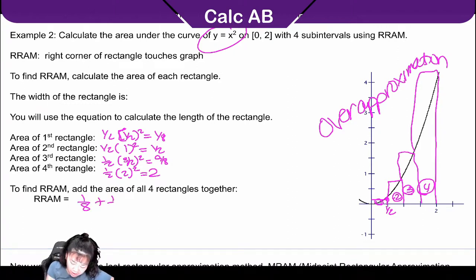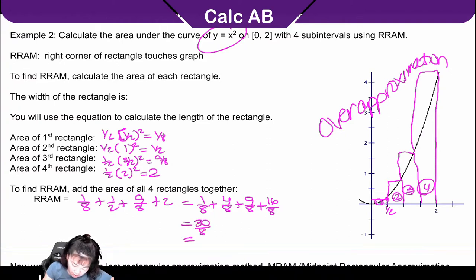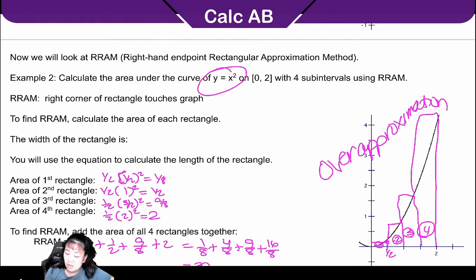So 1/8 plus 1/2 plus 9/8 plus 2 is 1/8 plus 4/8 plus 9/8 plus 16/8. So then I get a total of 30/8, which is the same thing as 15/4. So the exact area under this curve is somewhere between 7/4 and 15/4. Okay. That's another approximation method. This is right Riemann sum or right rectangular approximation method.